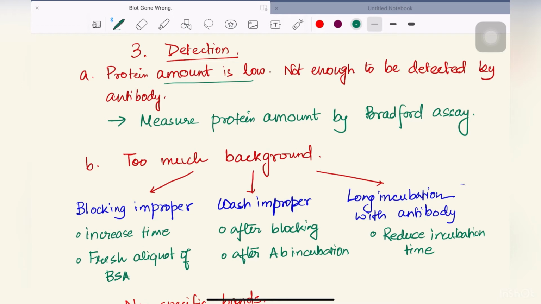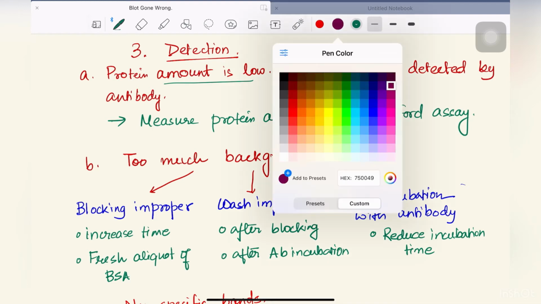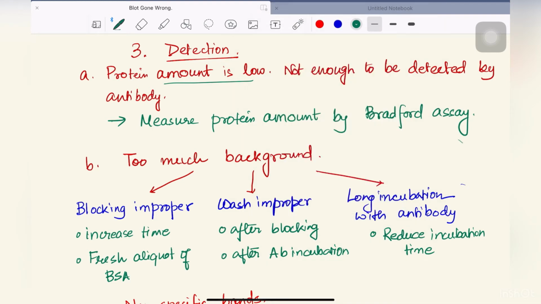To rectify this, you have to measure your protein amount and standardize how much protein you will load. For measuring protein amount, we usually take the help of the Bradford assay.